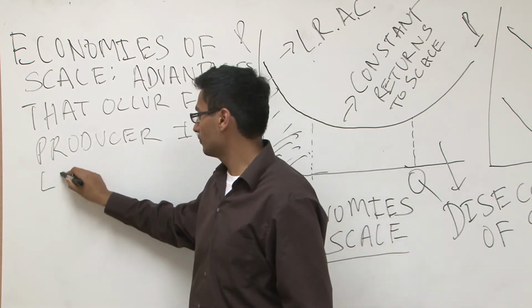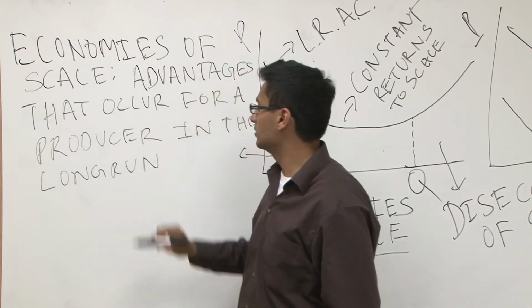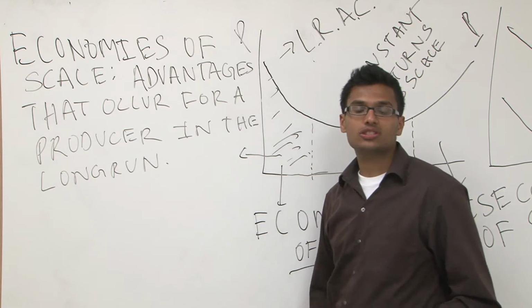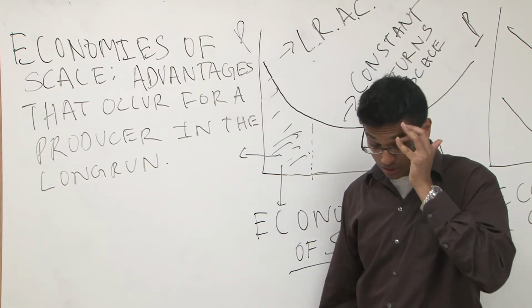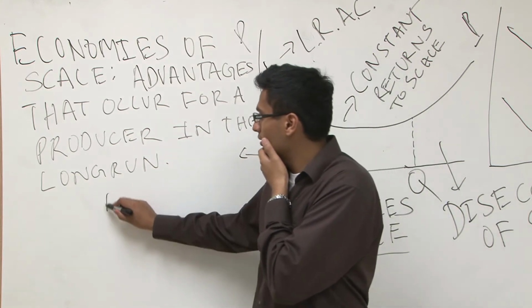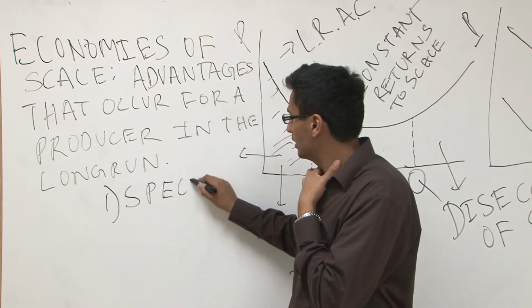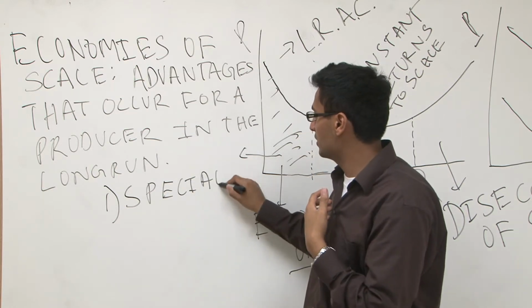Okay, so why do these happen? Why do these advantages take place? There's two main reasons. One is specialization. We have talked about this, but I'll talk about it again.